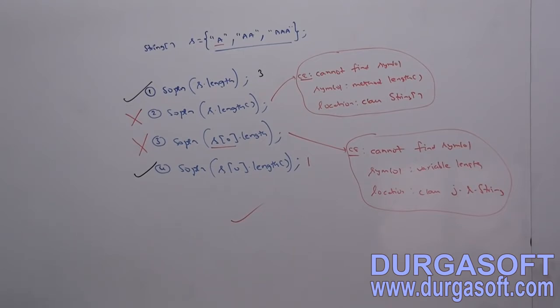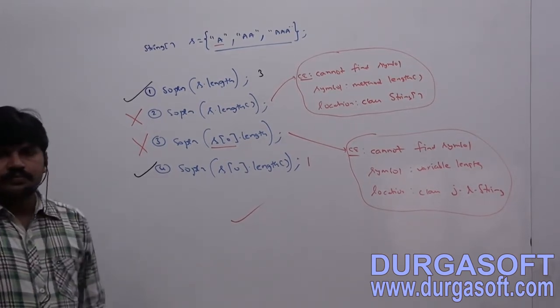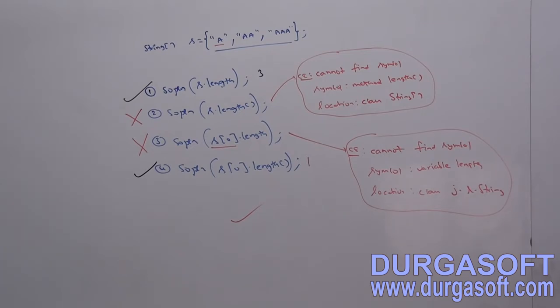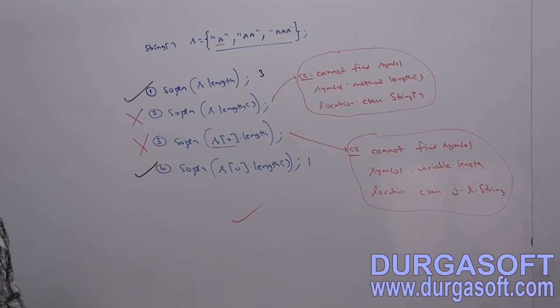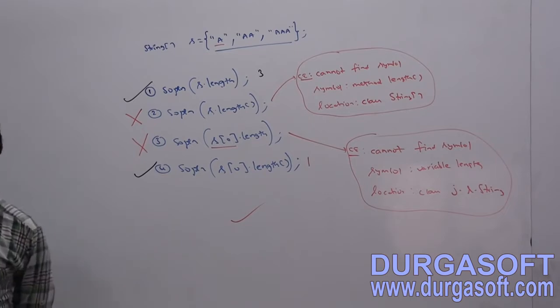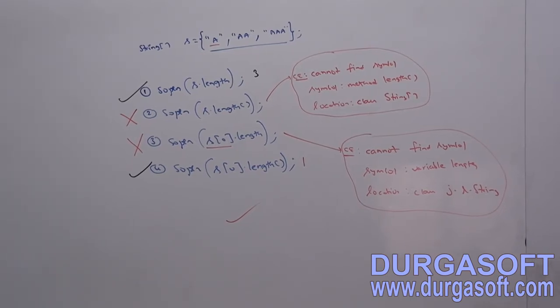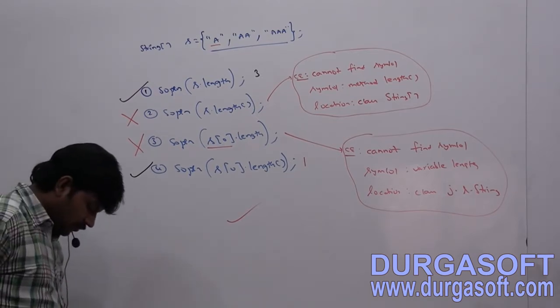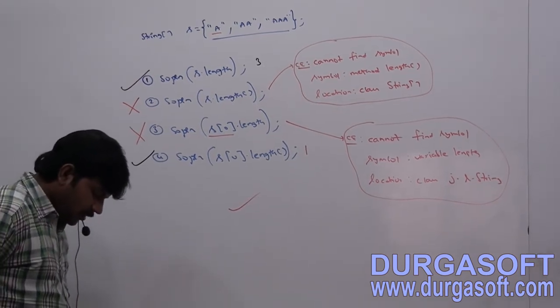Cannot find symbol: the symbol is method length, location class string array. Make sure. Completed, right?